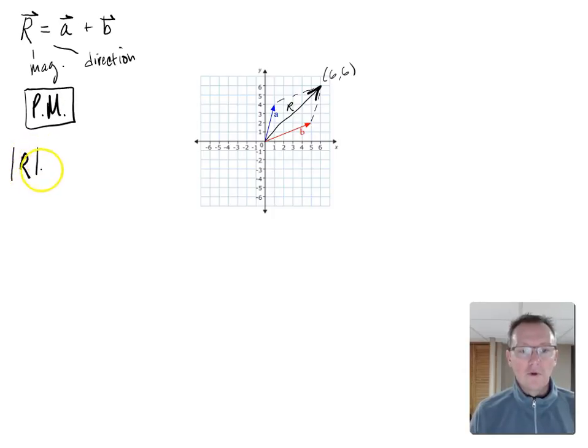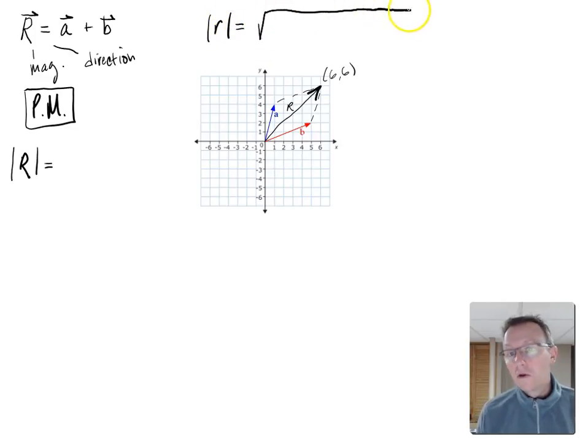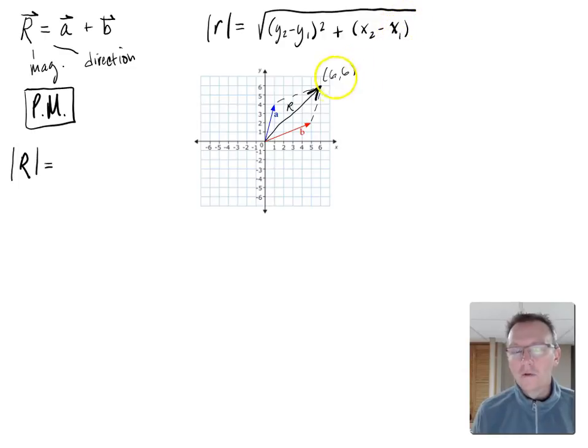You may remember from your algebra class that you can take the square root. I'm going to write it over here just so you can see it. The length of any line is equal to the square root of (y2 minus y1) squared plus (x2 minus x1) squared.